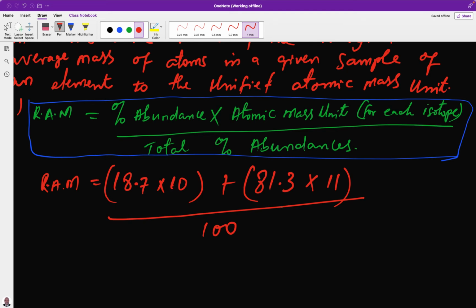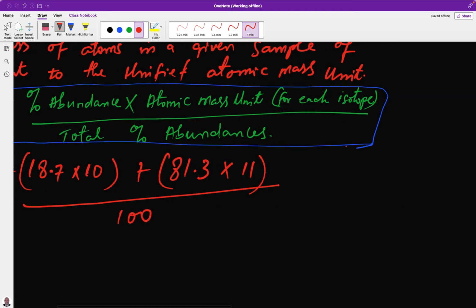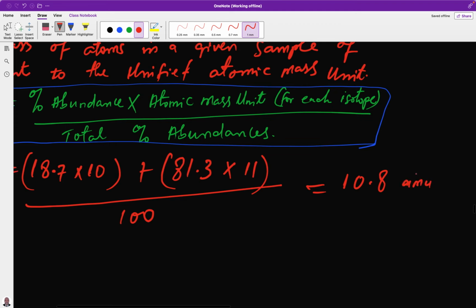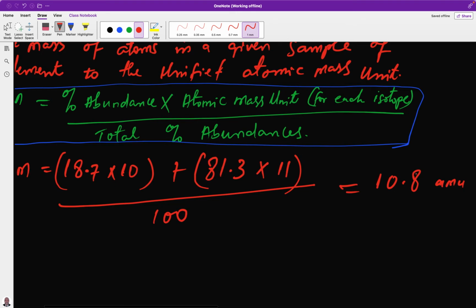And if we calculate this, the relative atomic mass will be 10.8 atomic mass units.